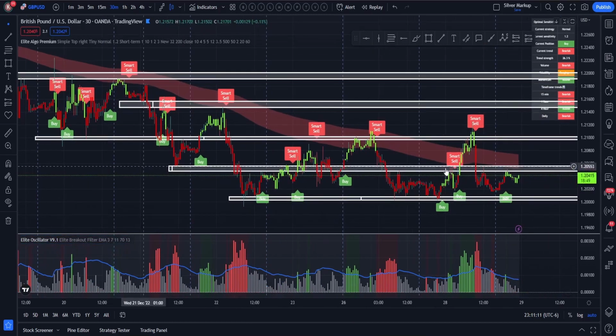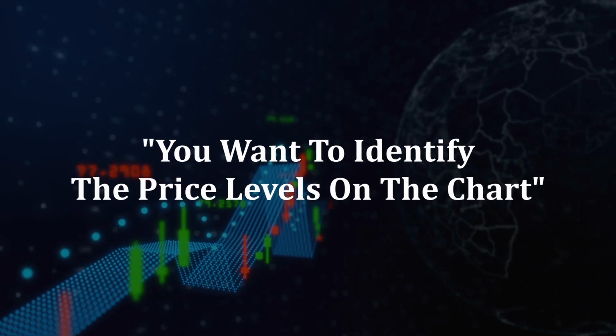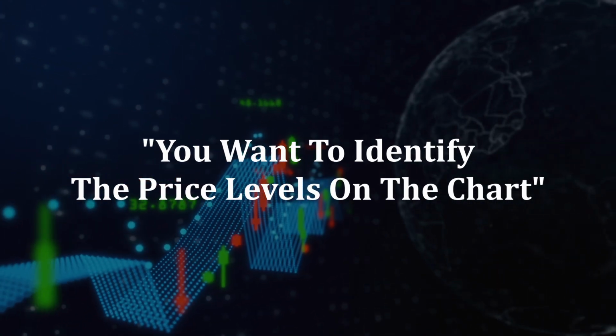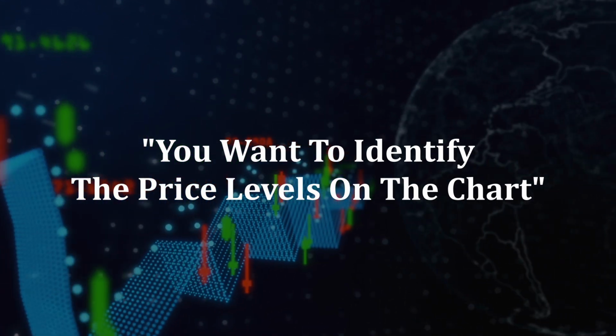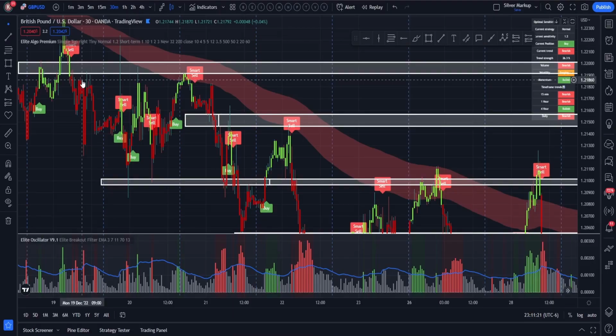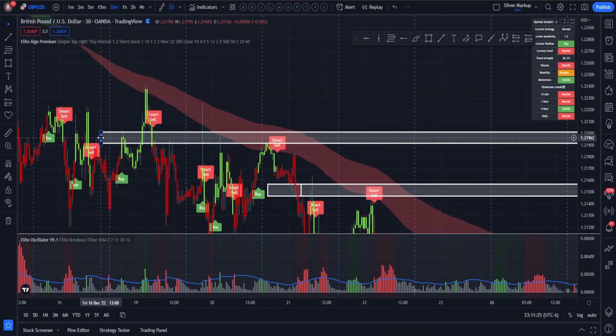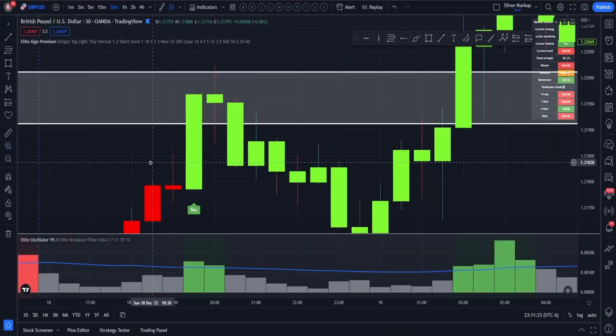The other thing is you want to have an idea of what your price levels are. Price levels are points in the market that price commonly reacts to. For example, in this area here, you had a lot of price reactions. Price reactions can be rejections, like you see with this doji right here.